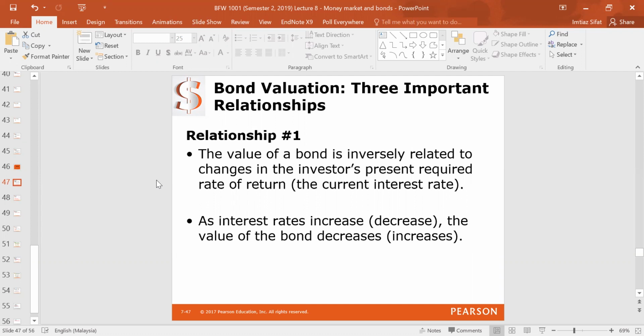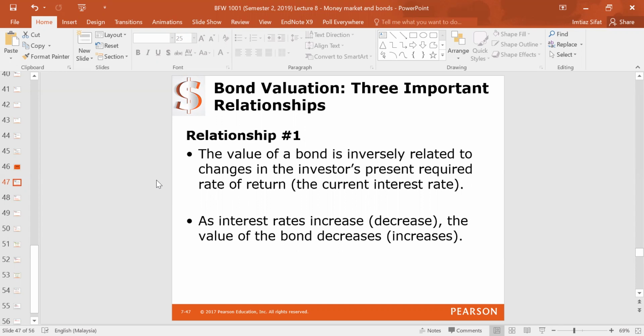Now, conversely, if interest rates in the market go down, say the interest rate goes down to 3%, that makes my bond a lot more valuable, because people who are buying newly issued bonds from the market currently are only going to be earning a 3% interest rate. But in my case, I'm already locked into a contract which provides me with 5% interest every year.